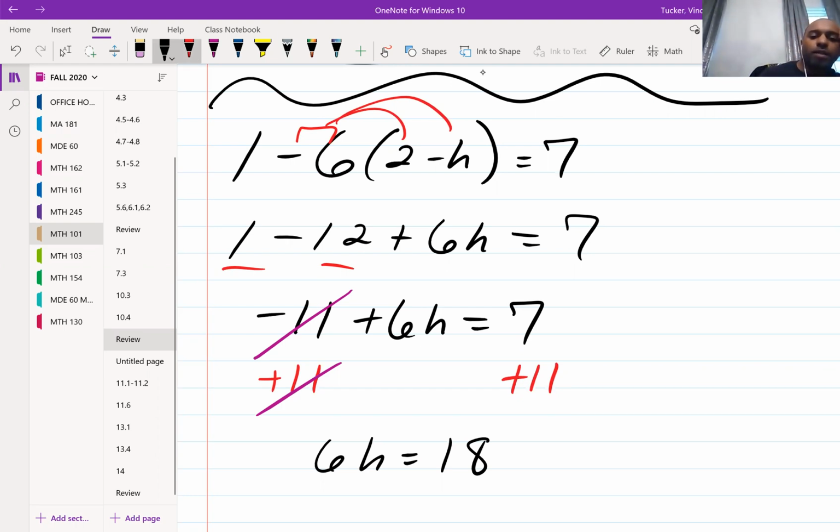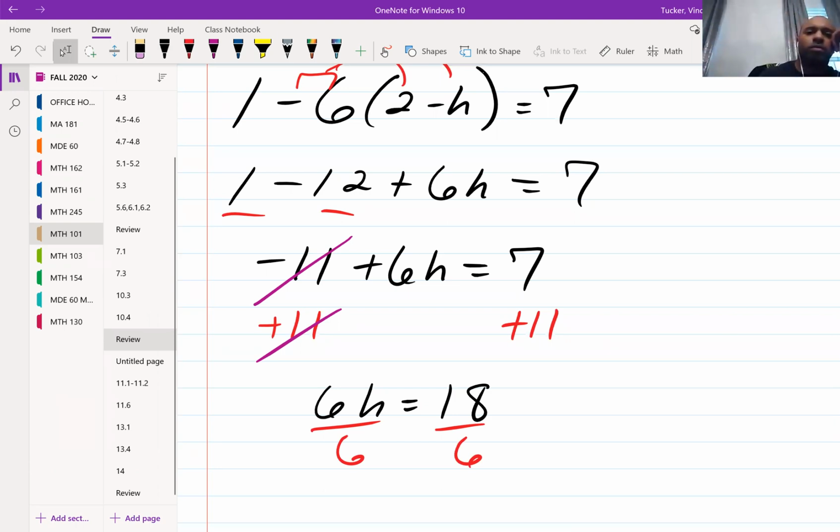And we can finish it off by dividing by 6. 6 is canceled. H is equal to 3.